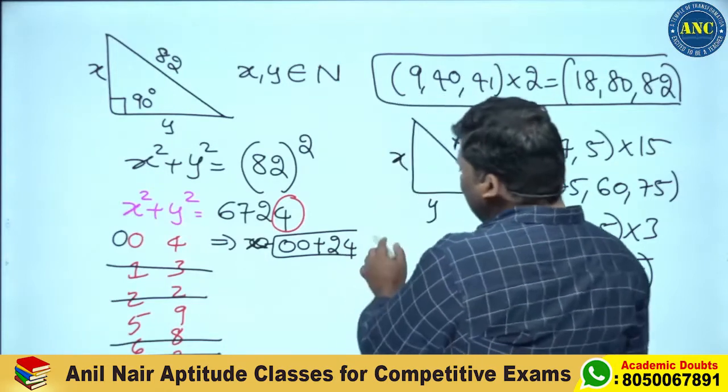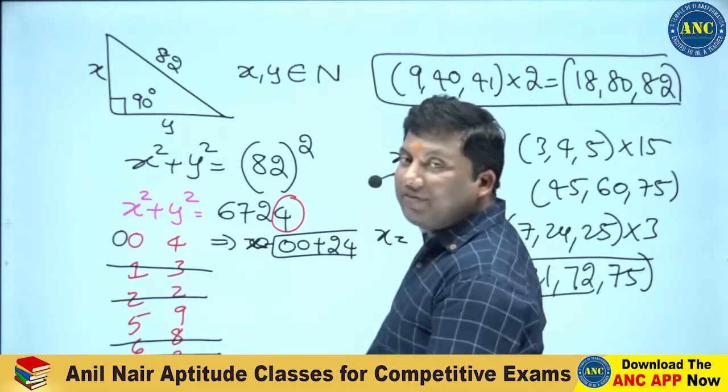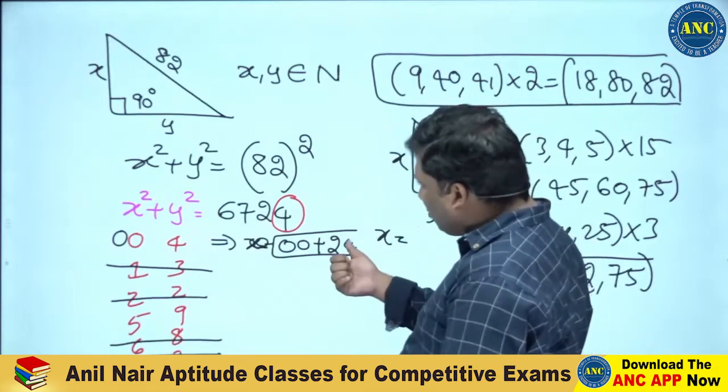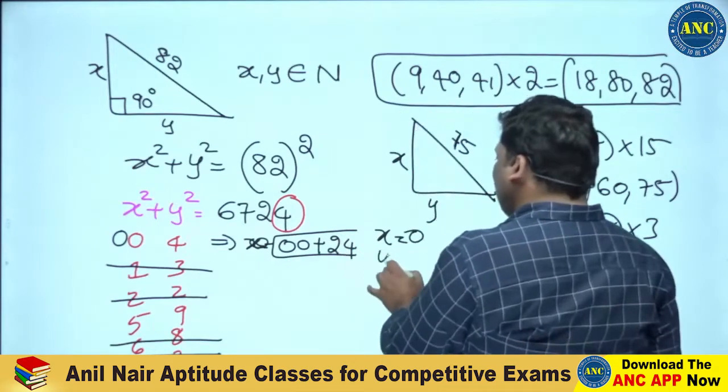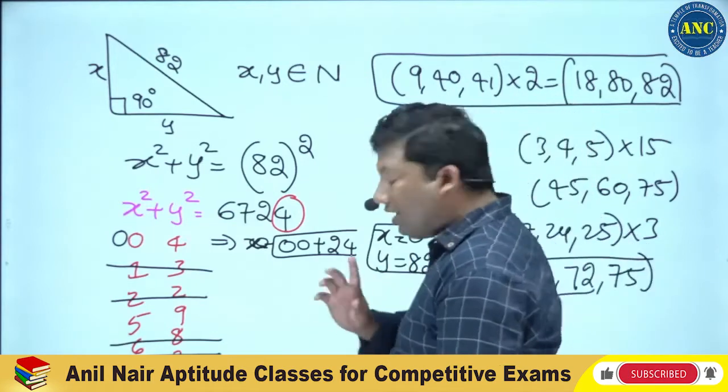So we discussed a concept: 50 minus x whole square, 50 plus x whole square. 32 square, no. X is 0, y is 82, 100 minus 18. This case is not possible.